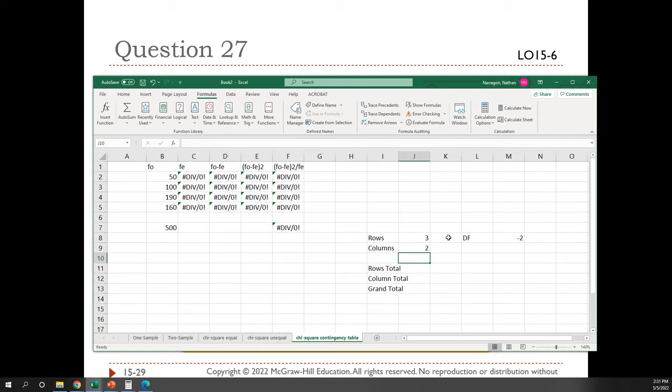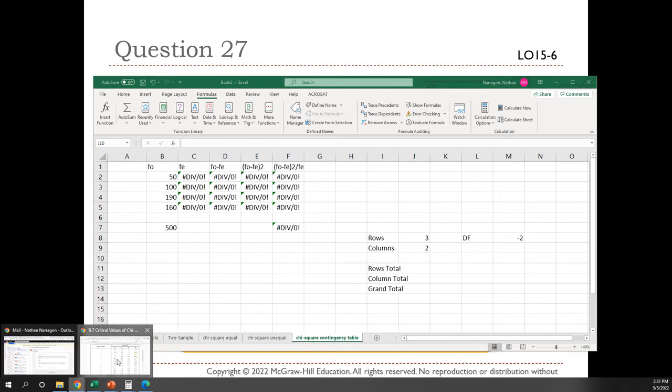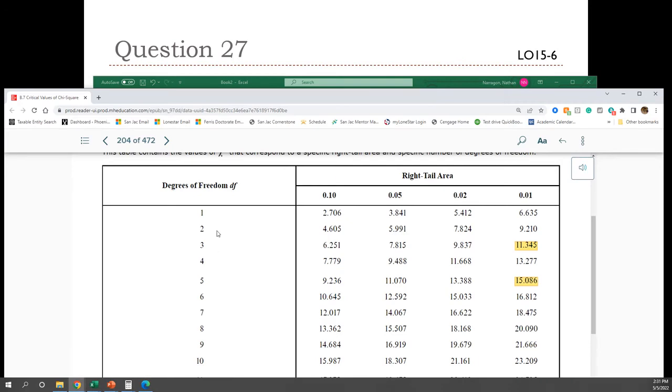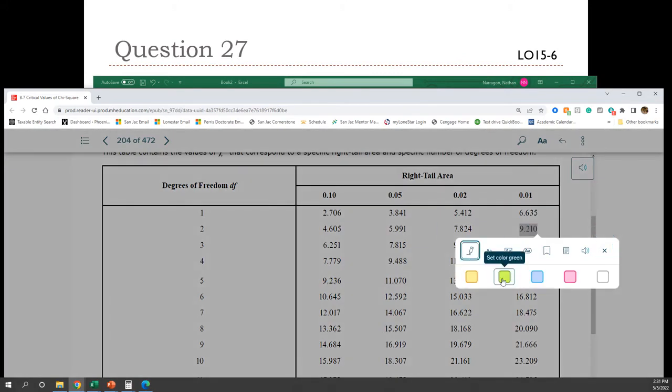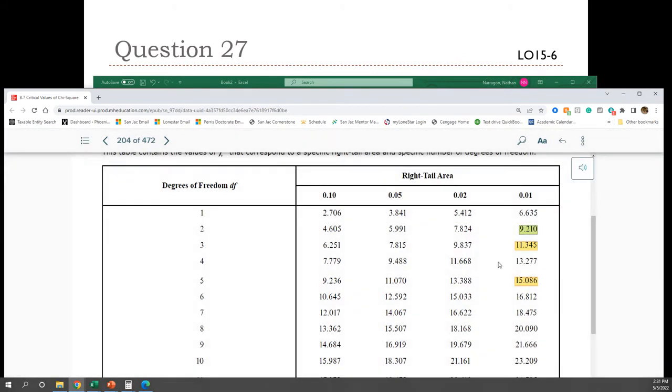It has to be positive. So we have to switch it to positive. So +2. So to our table we go. So 2 at 0.1, we're looking at 9.210. Okay, so that is our critical value.